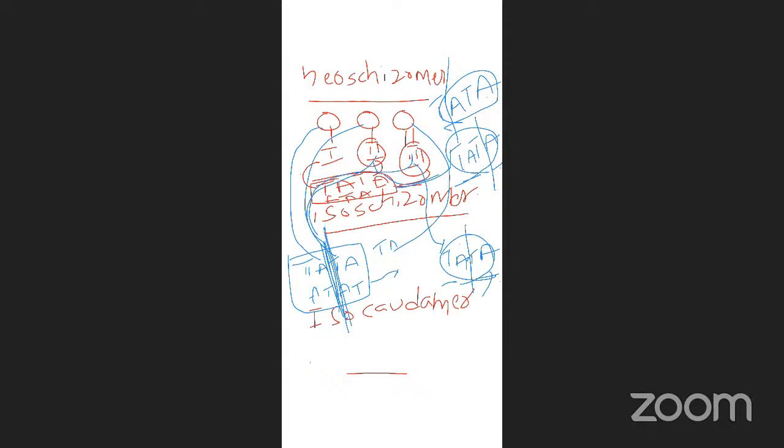Okay? Understood, sir. Right. Now isocaudomer, not given in our book, just had it. Isocaudomers are isolated from different sources. Any type of neoschizomer, isoschizomer, isolated from different sources. They are not similar in recognition and cleavage.